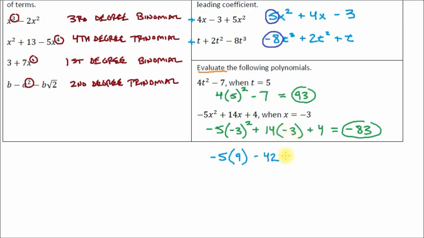Let's see. Yep. And then we've got plus 4. Then you'd multiply this out. This is negative 45 minus 42 plus 4. And then you do negative 45 minus 42 is negative 87 plus 4. And negative 87 plus 4 is negative 83.